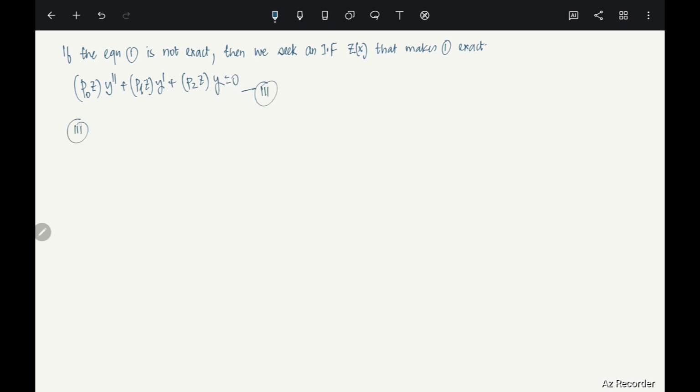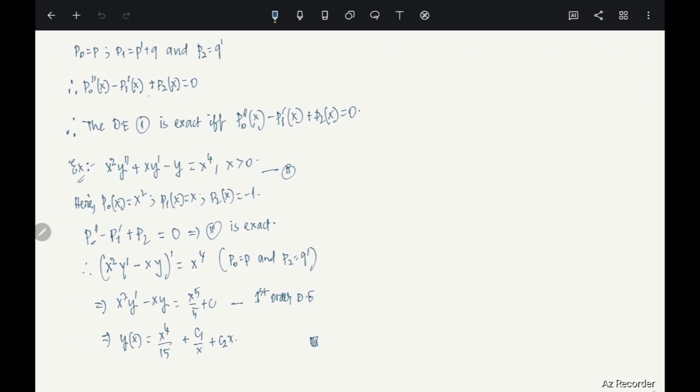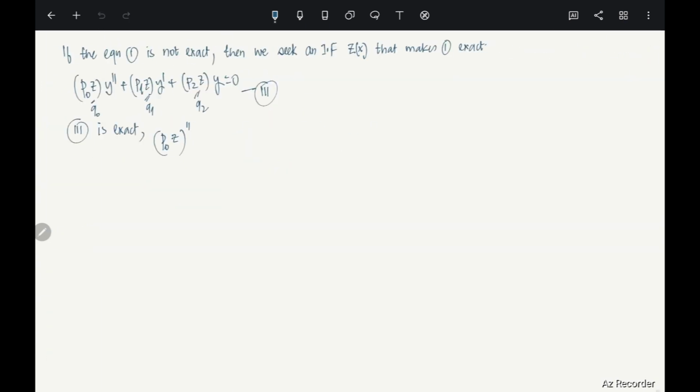Now 3 is exact when? Let's say this is Q naught, this is Q1, this is Q2. So when is it exact? If (P naught z) double prime minus (P1 z) prime plus P2 z is going to be 0. That's your expression.